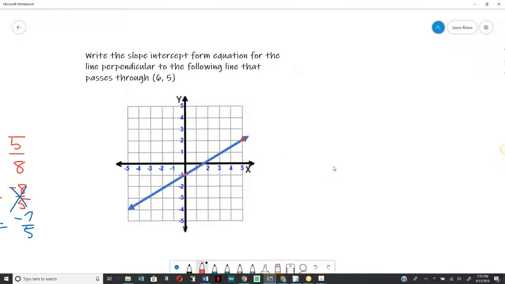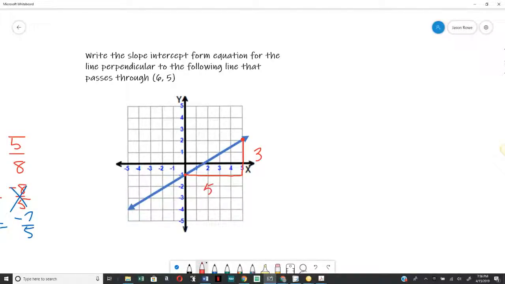So drawing my right triangle there, I have a rise of 1, 2, 3, and a run of 1, 2, 3, 4, 5.